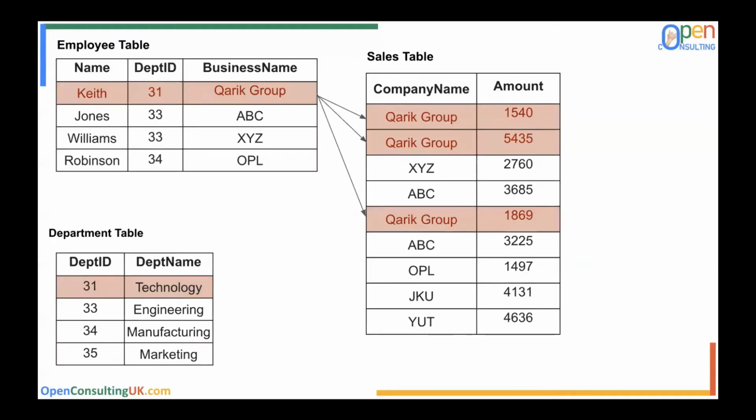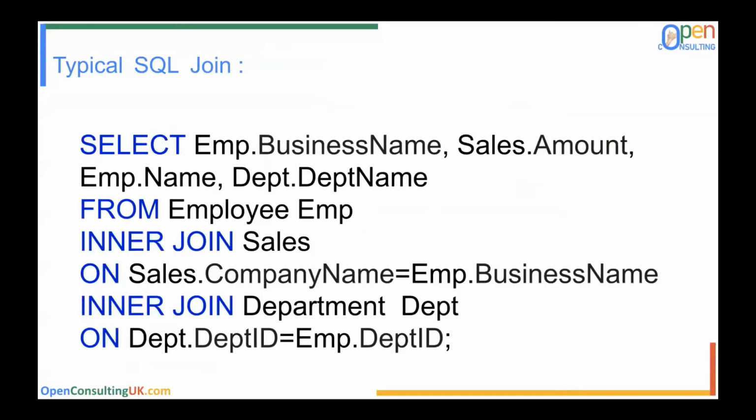Now let's look at the sample database and tables associated with it. If we need information about Carrick, then the highlighted data is what we are looking for. The SQL join statement will look like this.